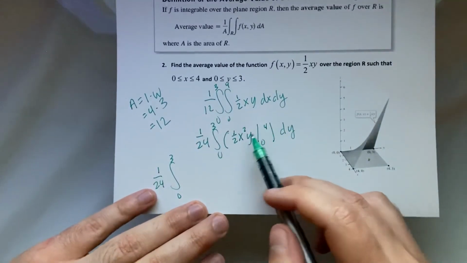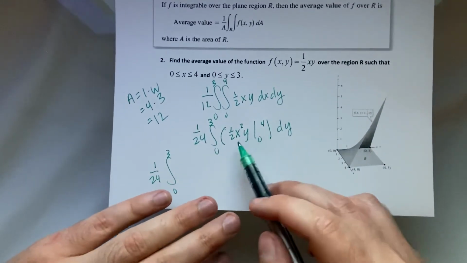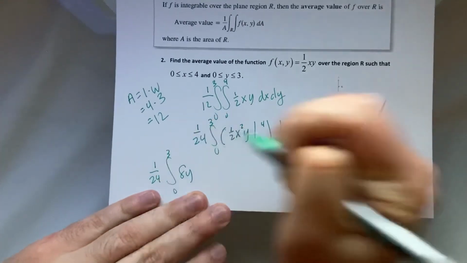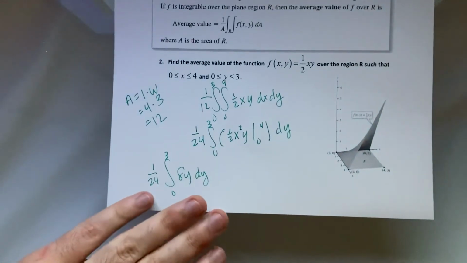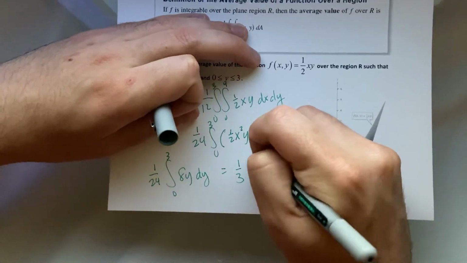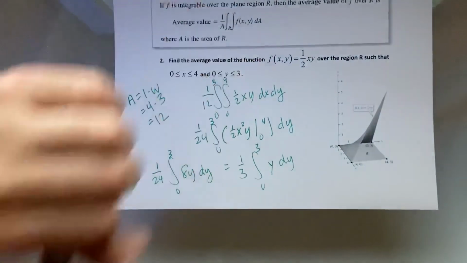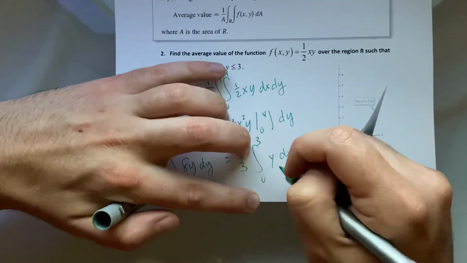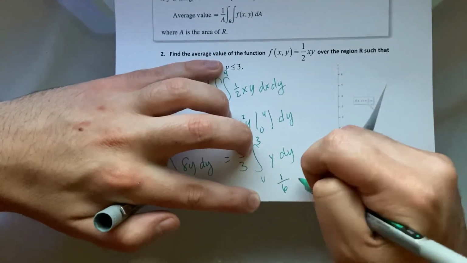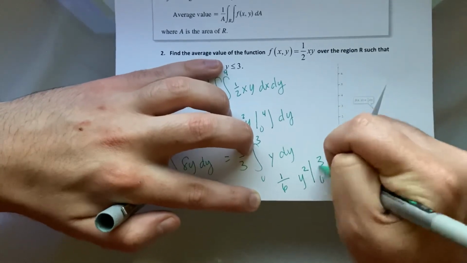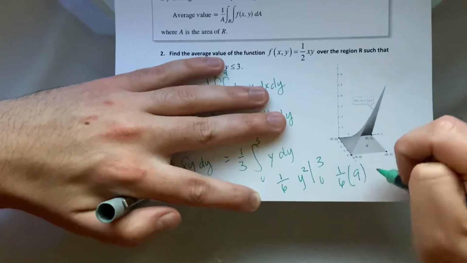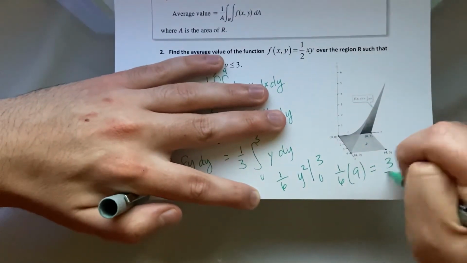When I plug in 4 for x, I get 16, so this should be 8y. We can pull the 8 out if we want. 8/24 is 1/3. This is 1/3 times the integral from 0 to 3 of y dy. The integral of this is y squared over 2, so this is 1/6 times y squared, evaluated from 0 to 3, which should just be 1/6 times 9, or 9/6, which is 3/2.